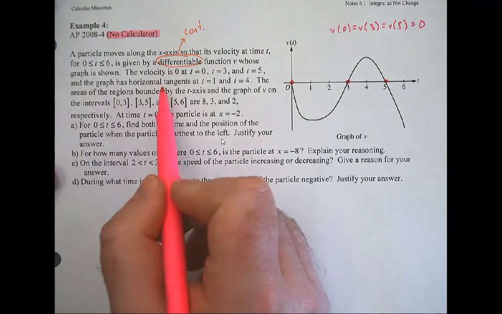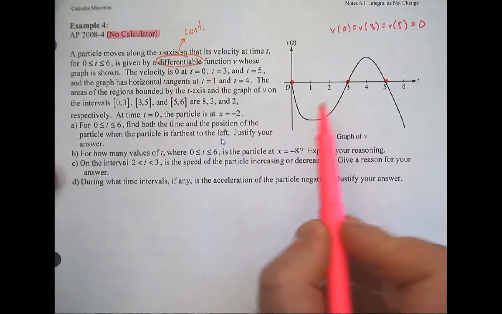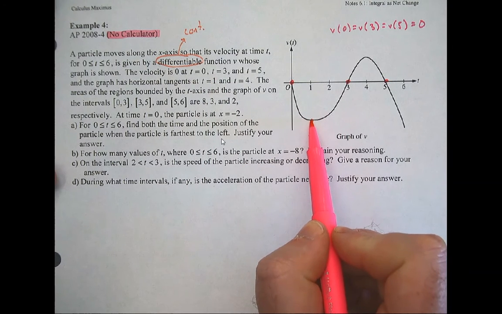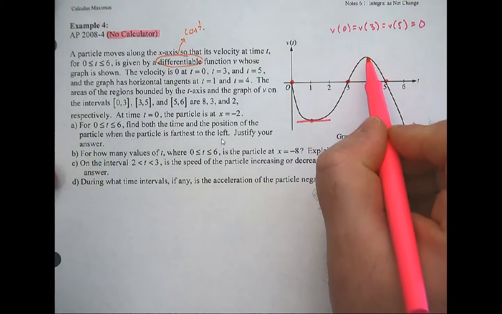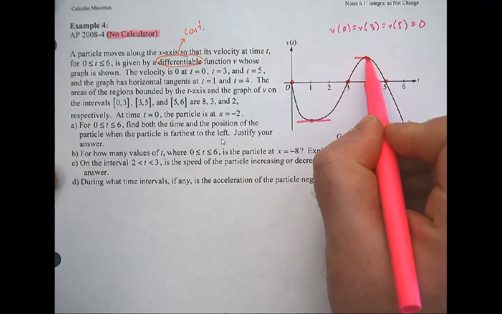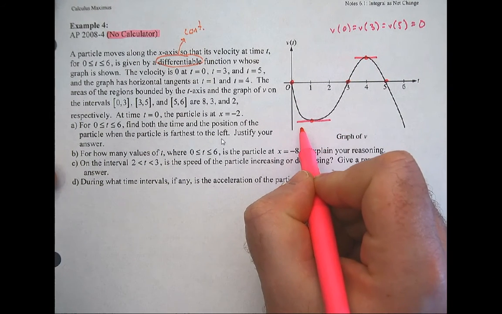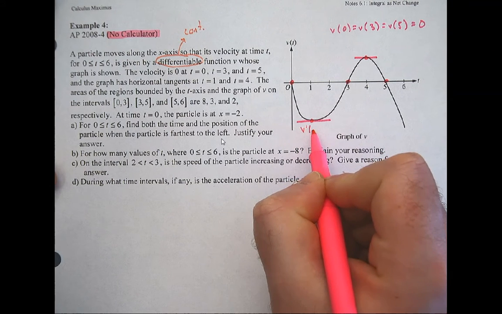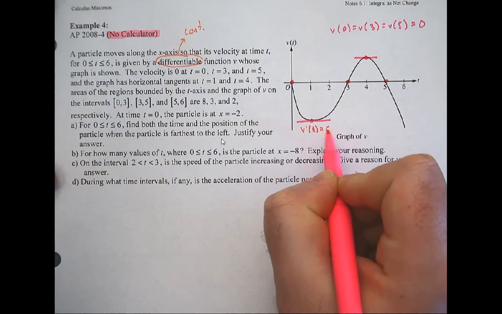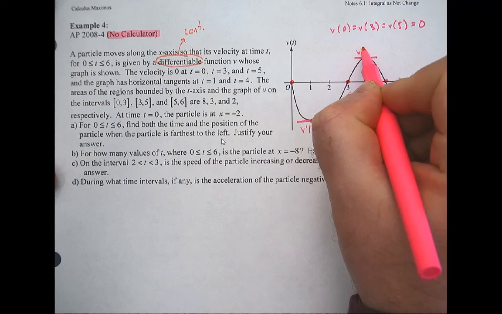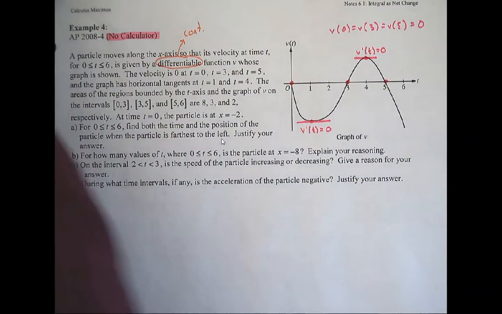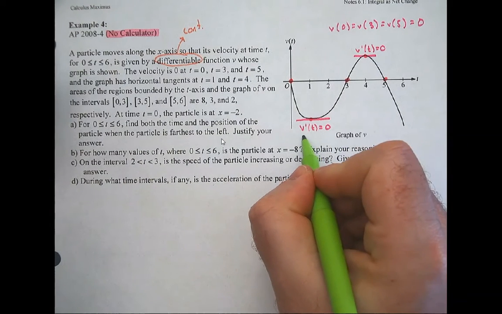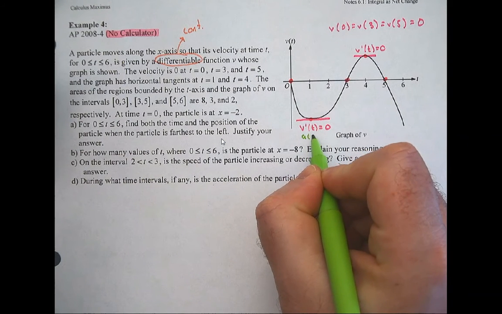The graph has horizontal tangent lines at t equals 1 and t equals 4. So what does that mean? That means that v prime of t equals 0, which also means I can actually put the number in there.